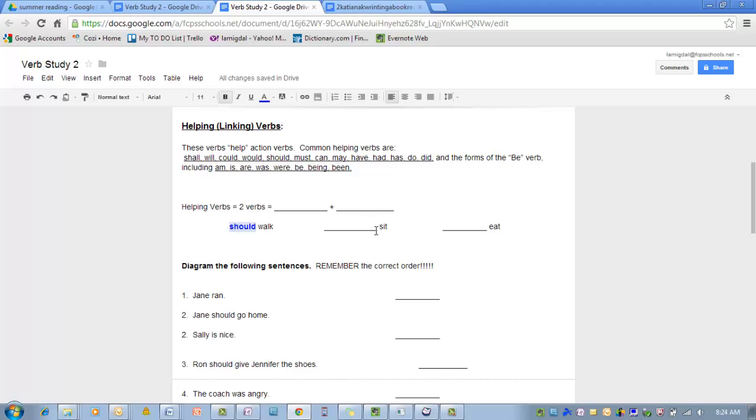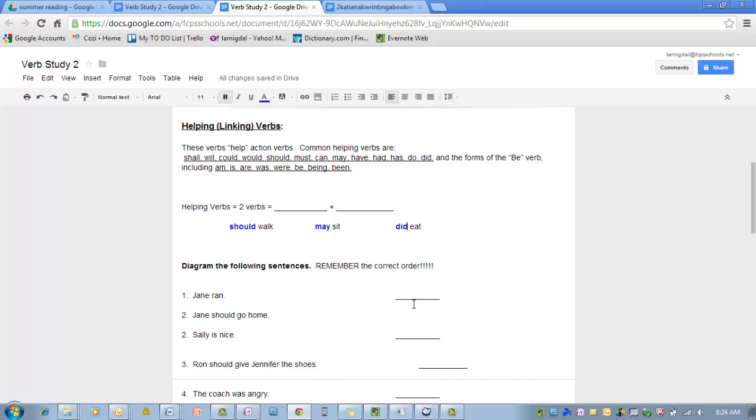Over here we could put may sit. And here, how about did eat? Those are examples. When you see what seems like 2 verbs, then you know there's a helping verb and an action verb.